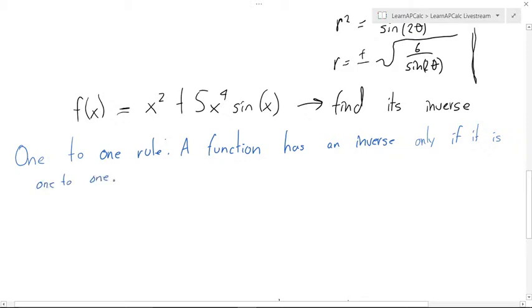Now, essentially, this means that a function is only going to have an inverse if each y value corresponds to only one x value.